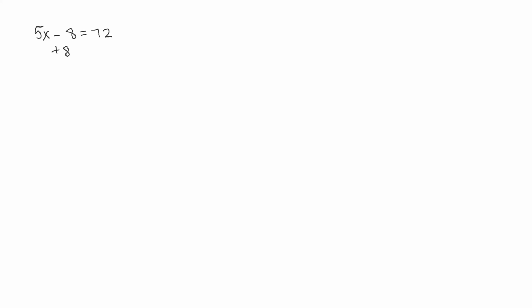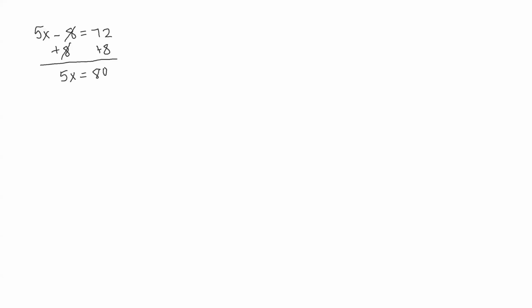Well, you use addition. But remember, we have to maintain equality. So if we do something to the left, for example, adding 8, then I have to do the same something to the right. So add 8 to both sides. On the left, negative 8 plus 8 just becomes 0. 5x minus 0 is just 5x. And then on the right, 72 plus 8 is 80.